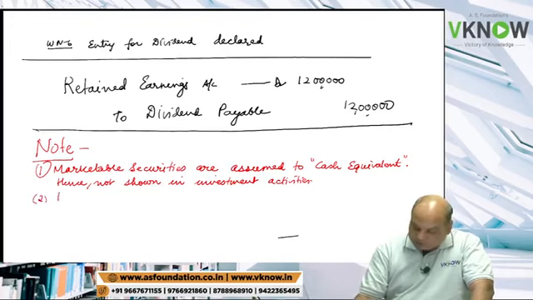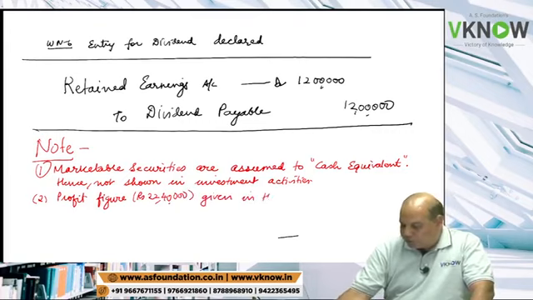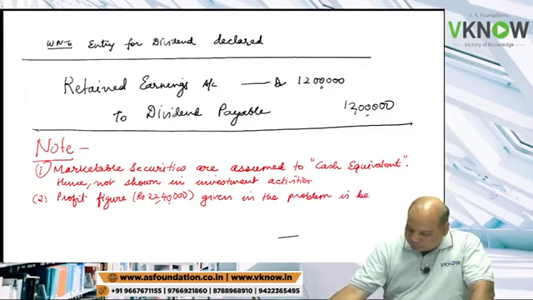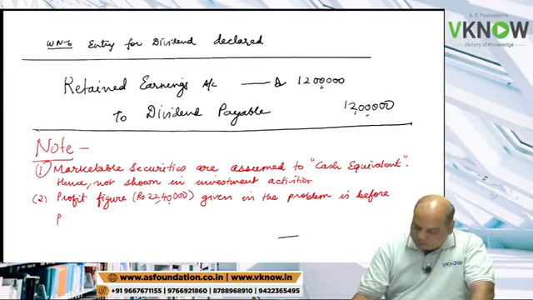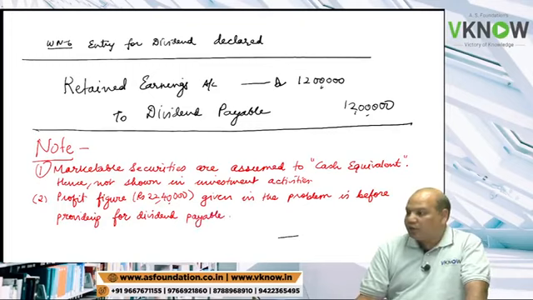Second note, write down: profit figure of rupees 22 lakh 40,000 given in the problem is before providing for dividend payable.